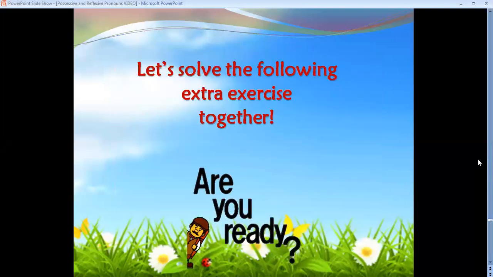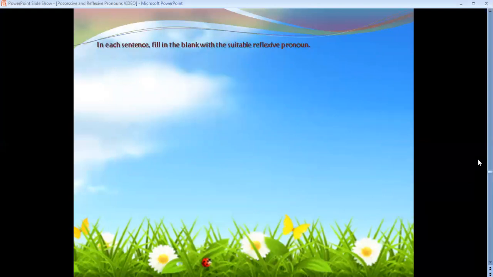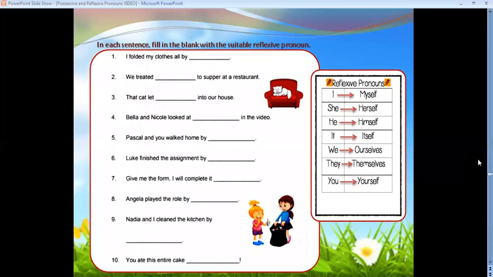Okay, let's solve the following extra exercise in order to understand more the concept of reflexive pronouns. Here's the question. In each sentence, fill in the blank with a suitable reflexive pronoun. We need to complete the sentences by filling in the blanks with the suitable reflexive pronouns from here.